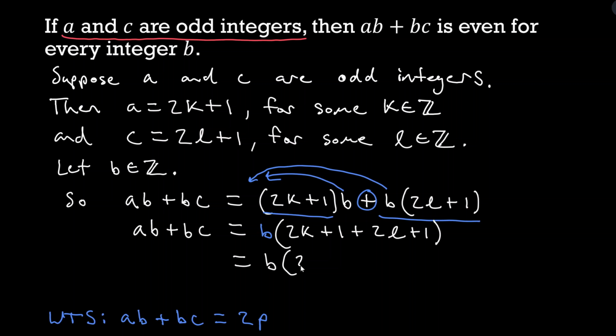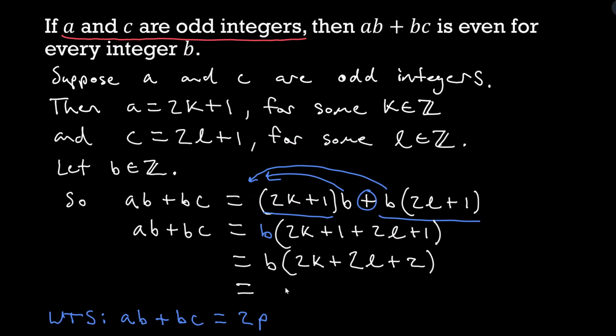I can definitely take out a factor of 2 from this, right? I can definitely take out a factor of 2. Really, since I want to be 2 times an integer, I think I should probably put the b back in, right? But what I'm going to end up with here is if I factor out a 2, I have 2b out here, k plus l plus 1.